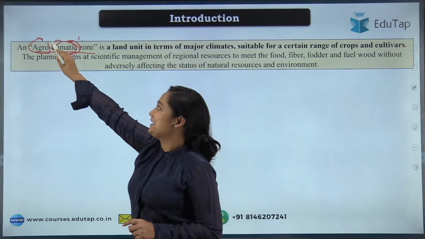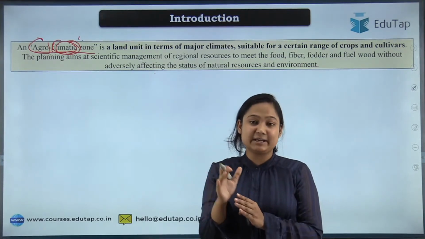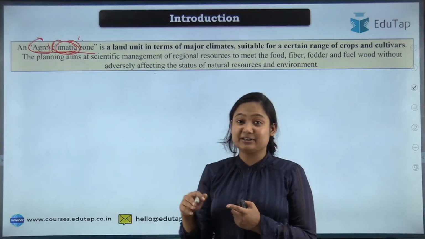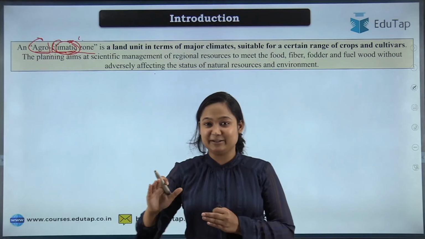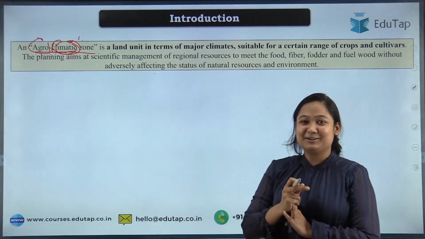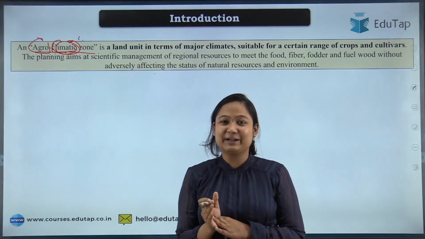Talking about the agroclimatic zone, we all know in agriculture there are some natural factors that are very important. These are like rainfall. Can anyone tell me the other factors that are important? I have left the most important factor for you to answer. So you have the opportunity. Very good, the answers started coming.